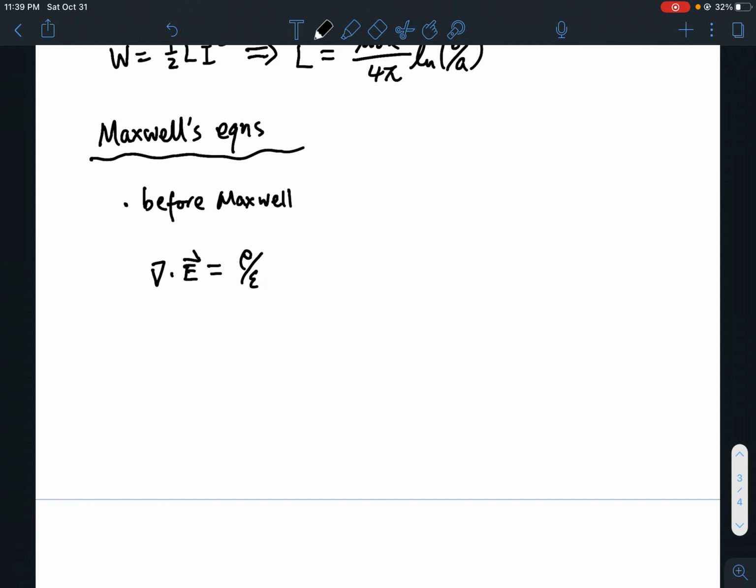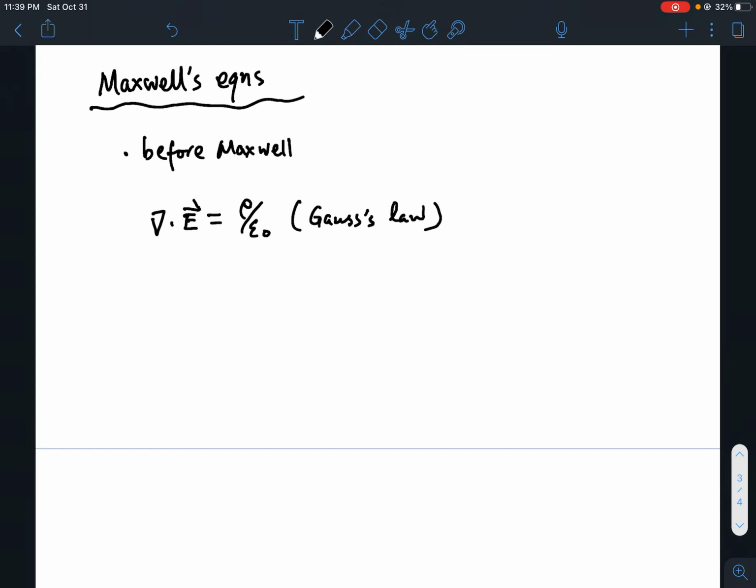We have what is called Gauss's law: del dot E equals rho divided by epsilon 0. We also have del dot B equals 0. There is no name for this; we really see that there is no magnetic charge.